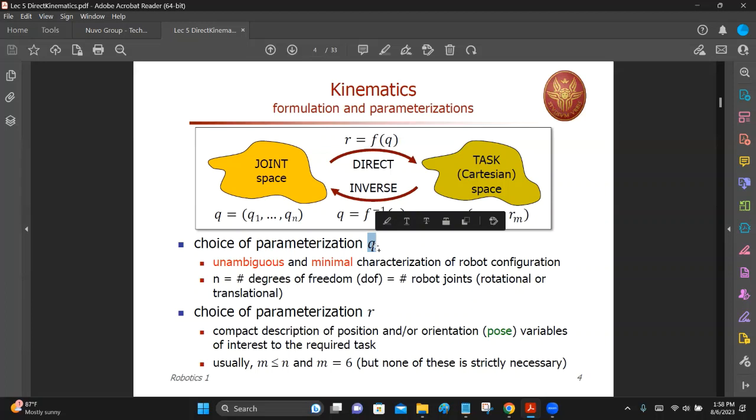So if we keep using theta as the joint angle, we are actually catering only for rotary joints, all rotary manipulators, because obviously you cannot use theta for a prismatic joint, and a prismatic joint is a distance, right? So that is why we use Q. Remember that, okay? Q is theta for rotary joints and Q is d, distance, for prismatic joints.